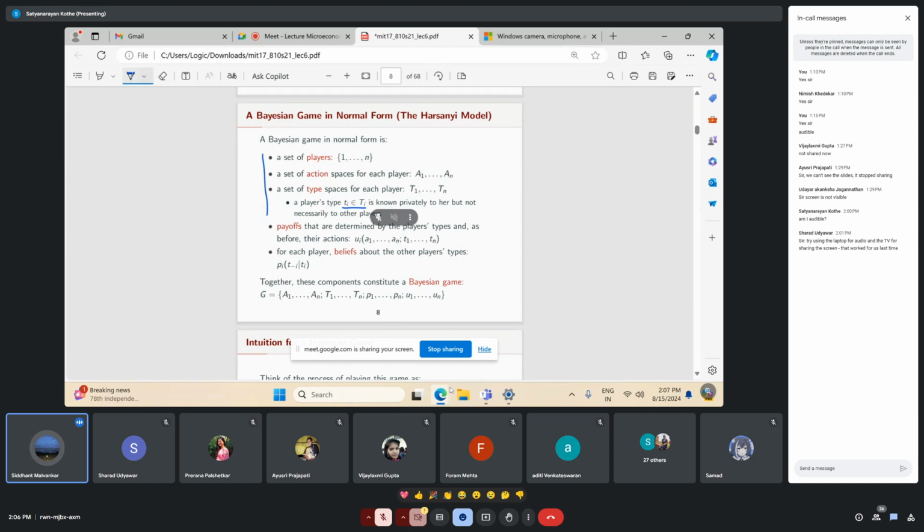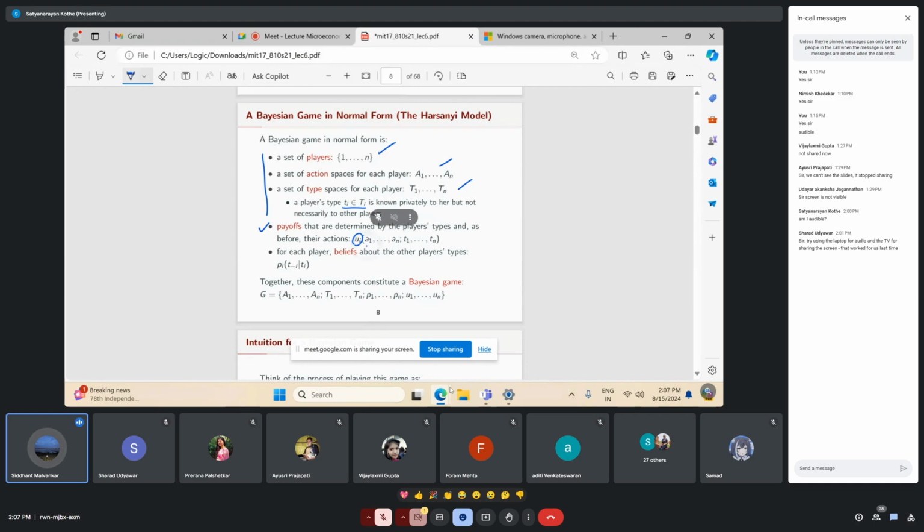That is, one is the players, then the actions, then the type space for each of the players, that is T1, up to Tn. And then we had mapped the payoffs, and that payoff is nothing but the profit or the outcome of the game, which every player maps. Like here, player i is mapping Ui. So Ui is the outcome or the payoff.